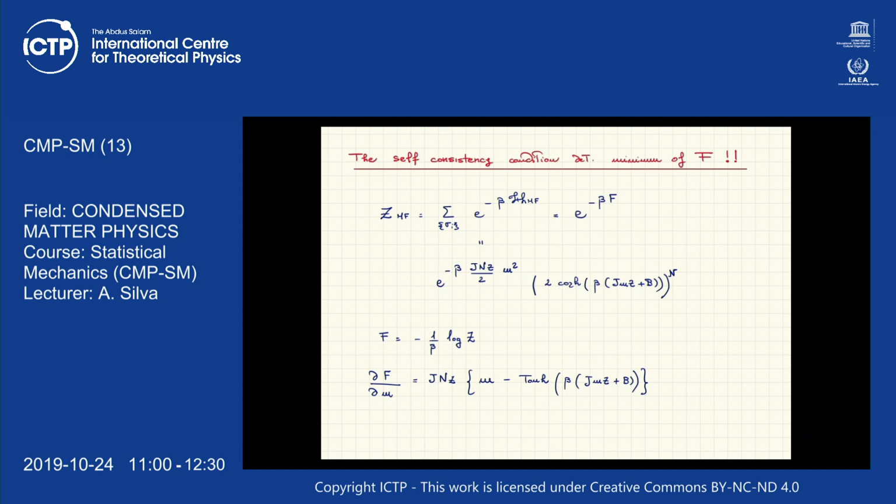If I take the second derivative, I get J N z times 1 minus beta J z plus beta J z tangent hyperbolic of beta J (N z m plus B) squared. Okay?